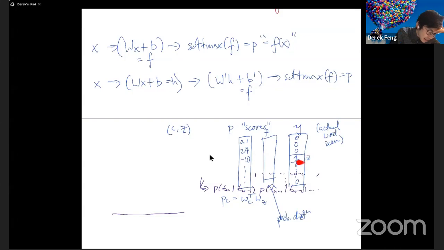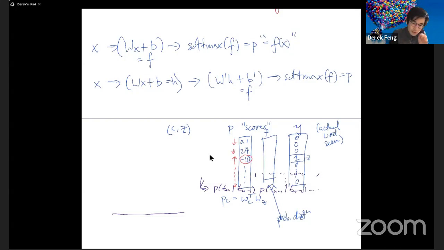But then I see that for this C, the actual data is Z. So intuitively, my score here should be increased, and the scores down here should all decrease, because what you want to do is upweight this guy, right?